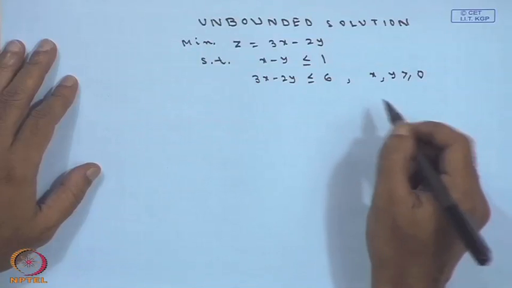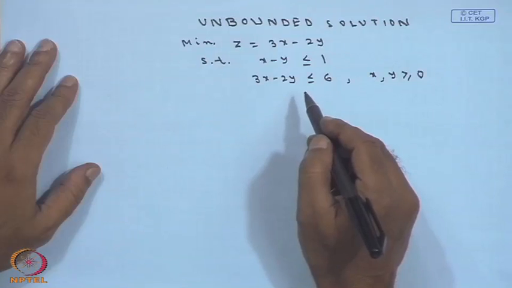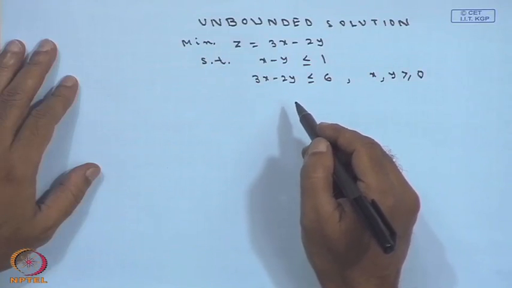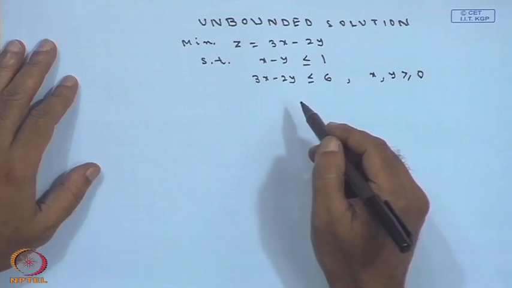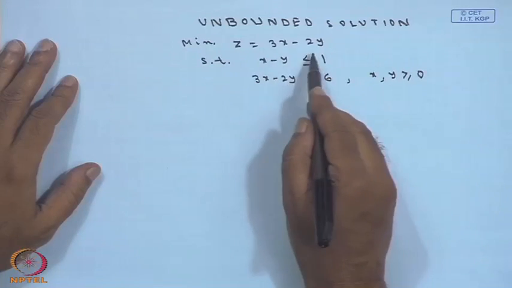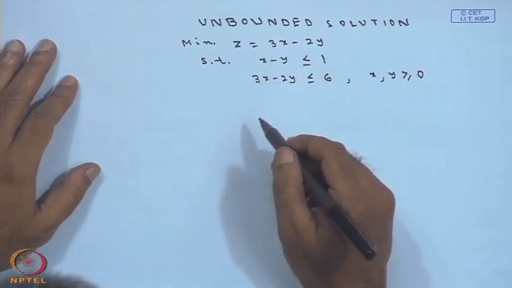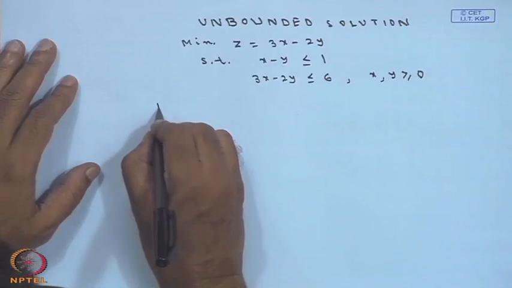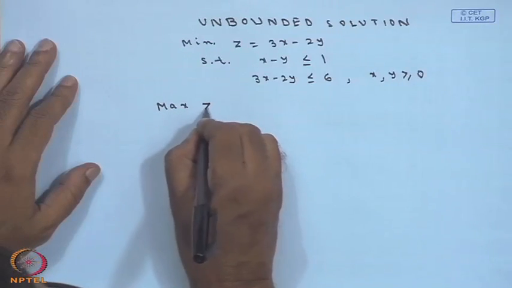So, we want to show that this particular LP problem admits an unbounded solution, and we want to check graphically also what it represents. That is the reason we have taken a function of 2 variables only. Again, in standard form, let us write down the function.